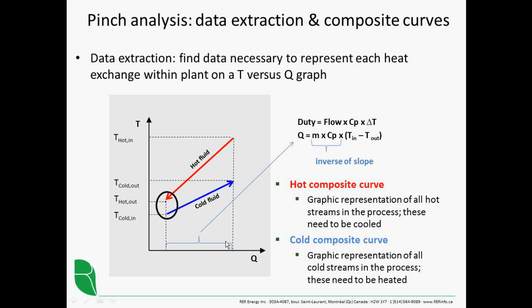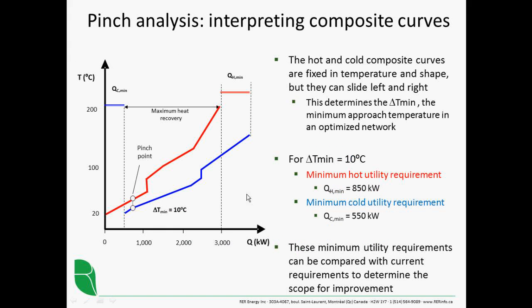Conversely, we can take all the cold stream line segments and combine them in a single graphic. And that's a representation of all the cold streams in the process. And these need to be heated. And when we do that, we end up with something that might look a bit like this. So here, the red curve is the hot composite curve, and the blue curve is the cold composite curve. And these are just made up of all the different line segments from the different heat exchangers within the plant.